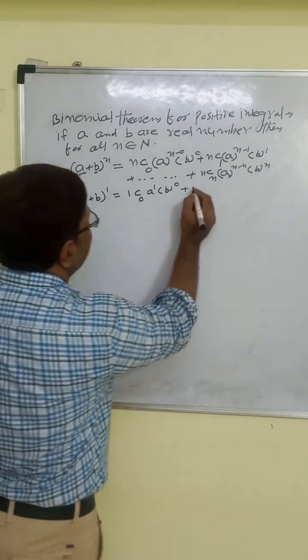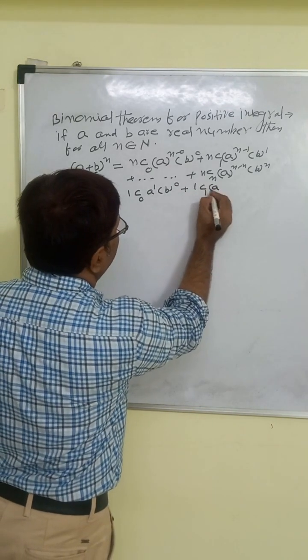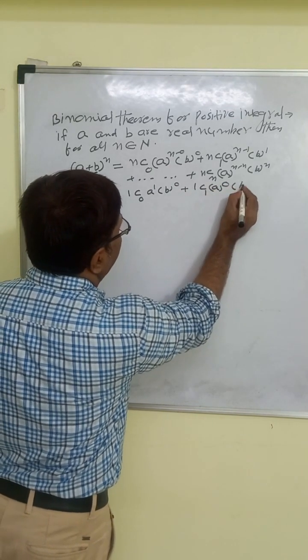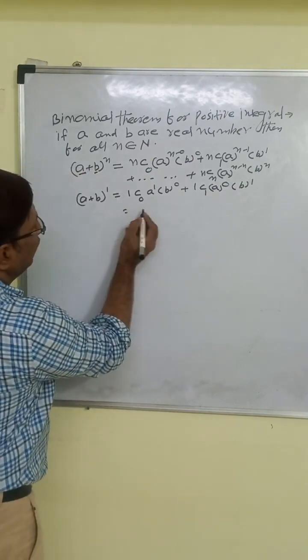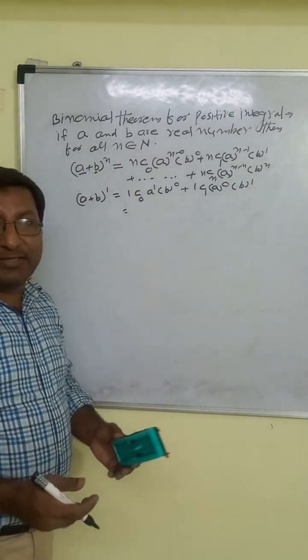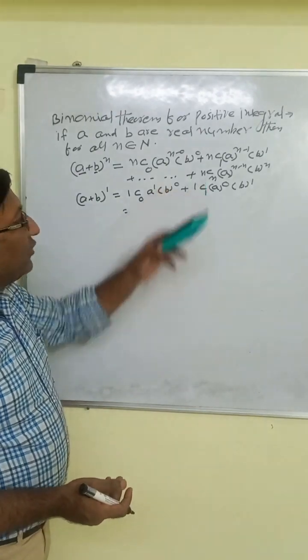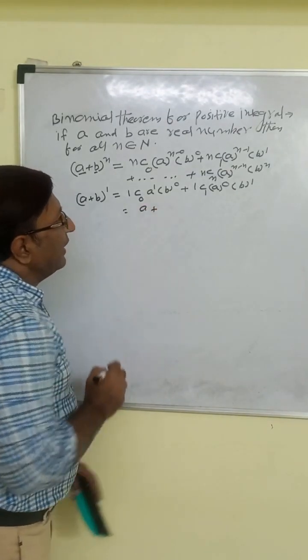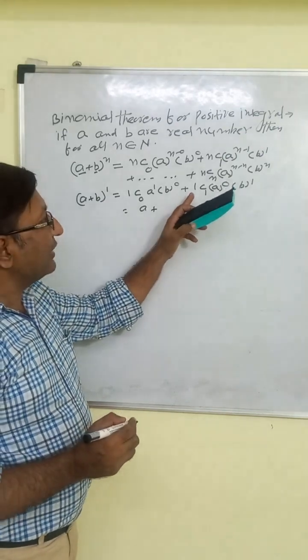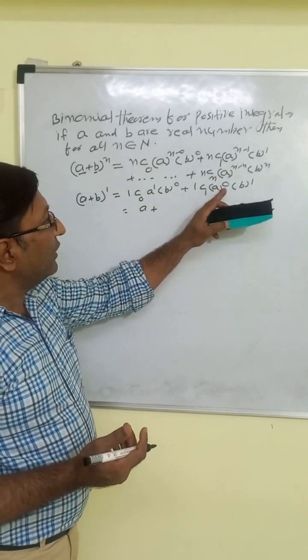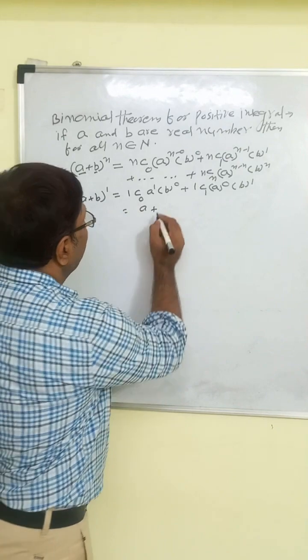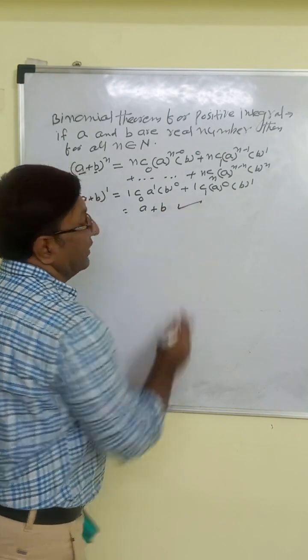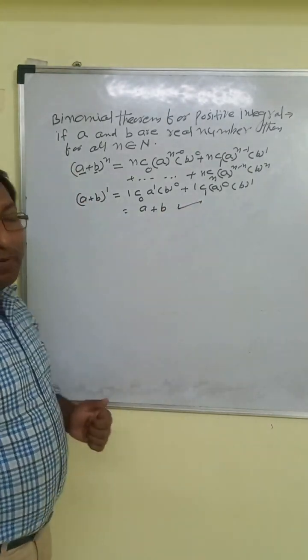Next will be 1C1, so a will be 1 minus 1, 0, and b will be 1. So nC0 is always 1 and b to the power 0 always 1, a^1 is a. Similarly here 1C1 is always 1 and a to the power 0 always 1. So this is b.